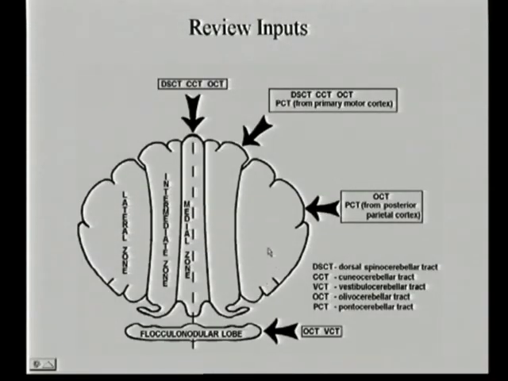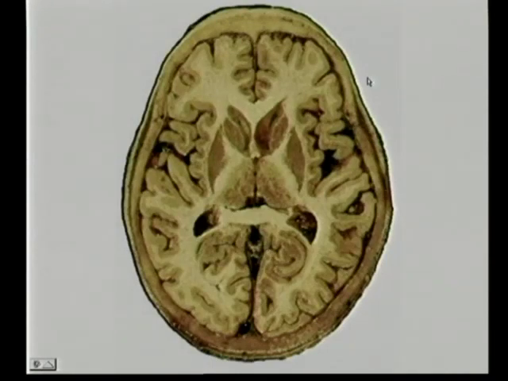Now, next one is, what is the deep nucleus associated with this area of the cerebellum? Next one is, tell me what fibers are coursing right in this area of this structure. And tell me whether your deficit would be contra or ipsi for each one of the nuclei involved.